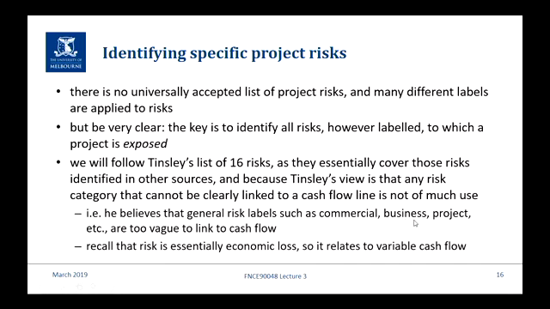You can't say what's the likelihood and what's the potential impact, so you can't assess them rigorously and adequately. It needs to be the cause of a particular economic loss. So it relates to variable cash flow, and more broadly, as I said, it includes asset losses as well.